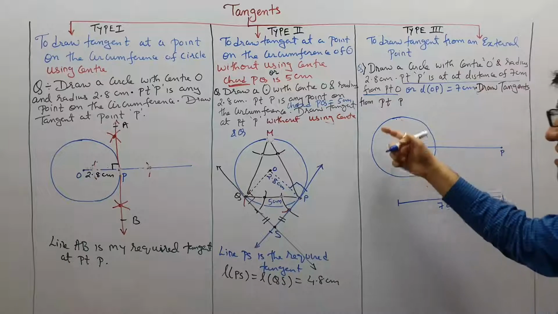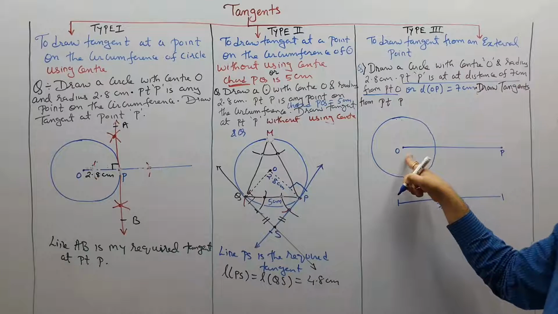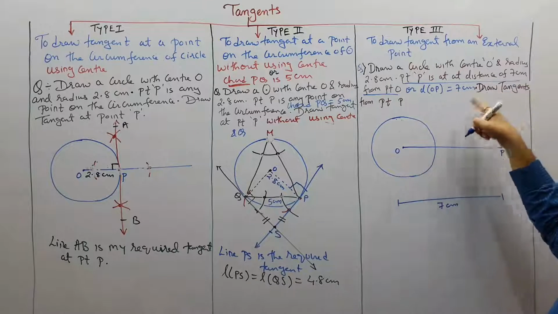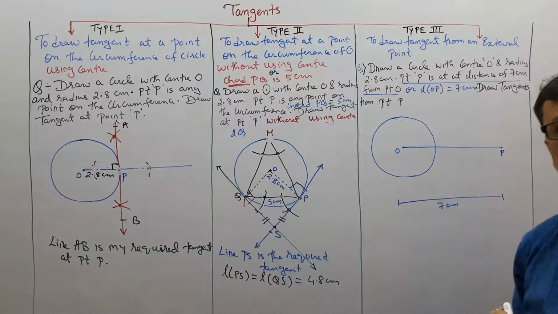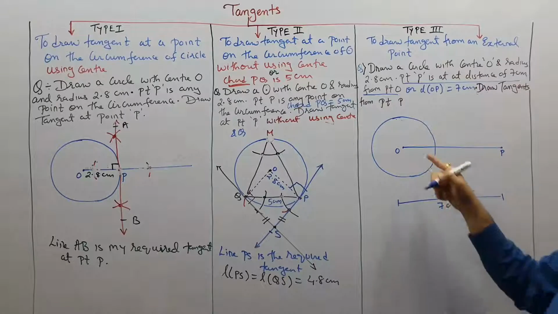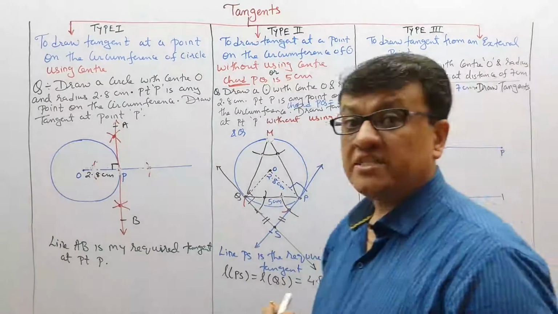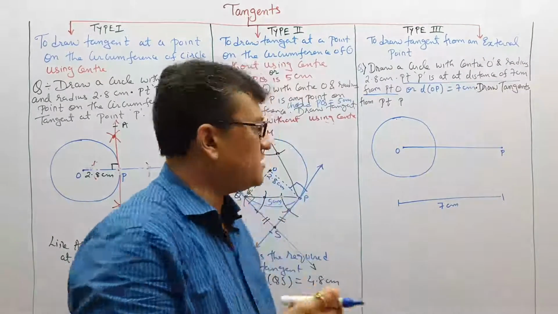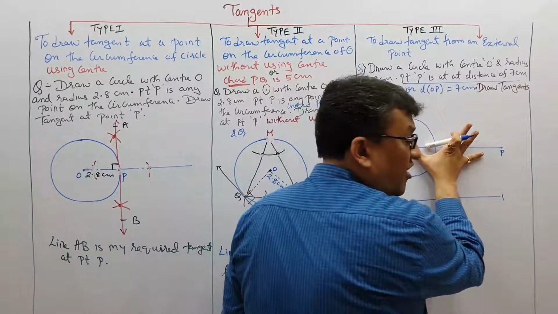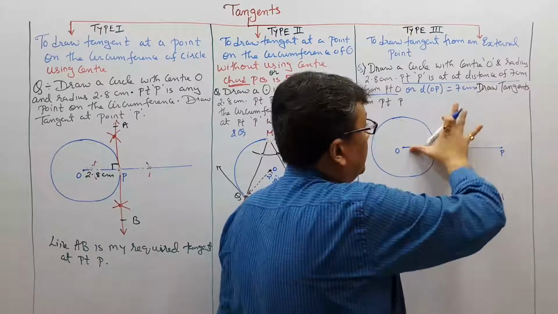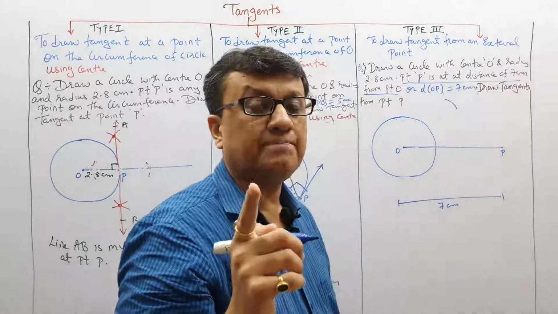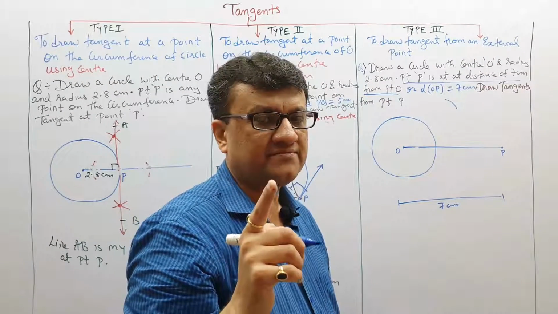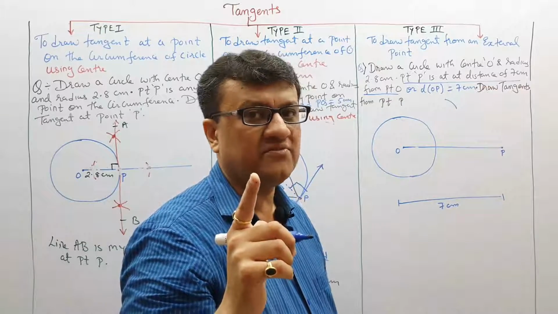Any problem? What we did? So I'll just repeat. It's a circle with center O. Point P is at a distance of 7 centimeters. So from O, we measured 7 centimeter. Any problem? Now what? With O as a center, more than half of OP, draw an arc. In short, we are going for the bisector of OP.